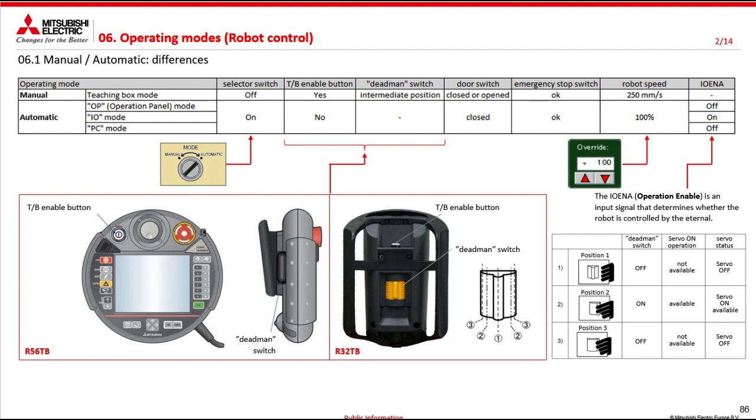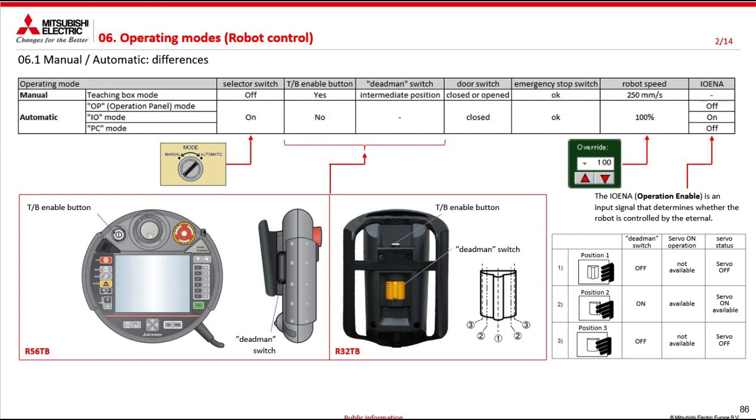So in position 2 of this diagram, it will not be important to have the doors open or closed, because the safety devices implemented on the teaching box allow the operator to work in total safety, even with open doors, and we will see why. The emergency mushrooms obviously must not be pressed. They must be okay. The speed of the robot, when we work with the selector in manual mode, is downgraded to 250 millimeters per second.